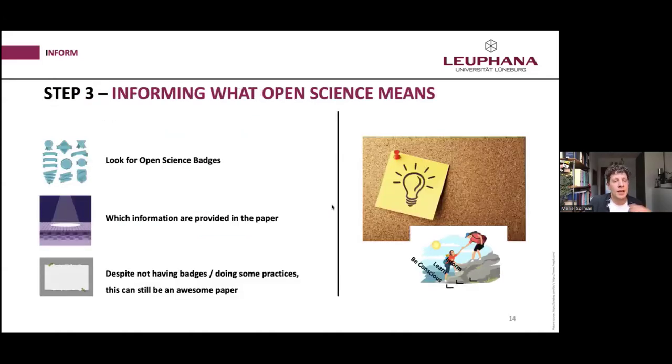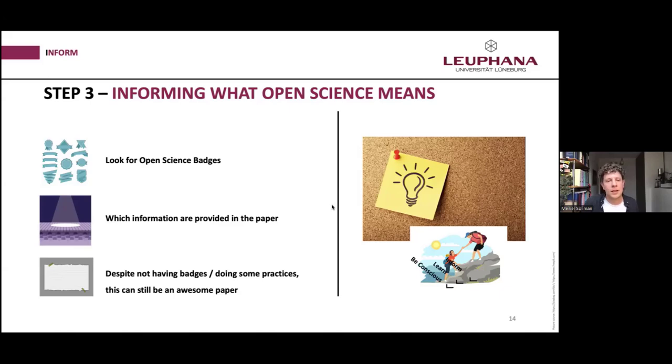And based on that, I think the takeaway message for my students is that they need to be informed about what open science means. So basically give the definition, then look whether they find open science badges. In case they don't, they don't need to necessarily disregard the paper as a whole, but can look into the methodological part of the paper and see whether there is information provided that helps them understand the rationales for why the authors made certain decisions.